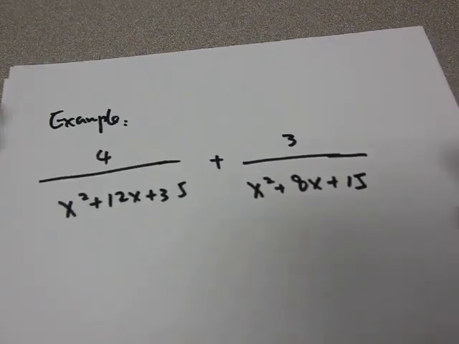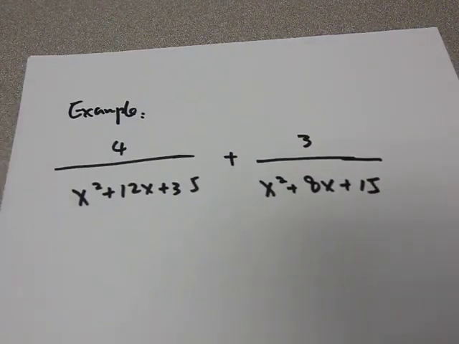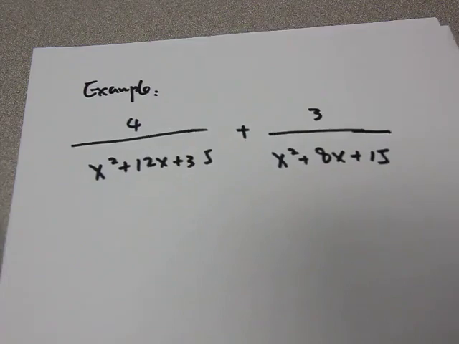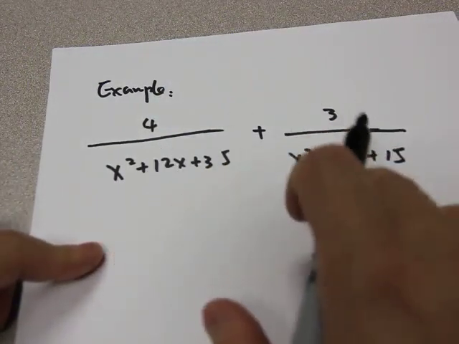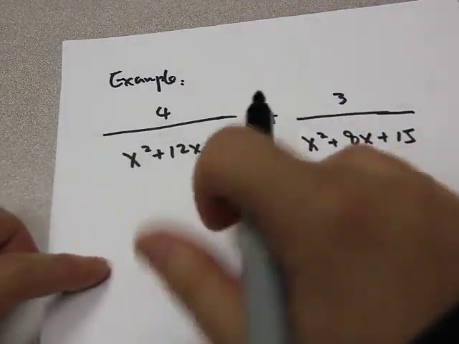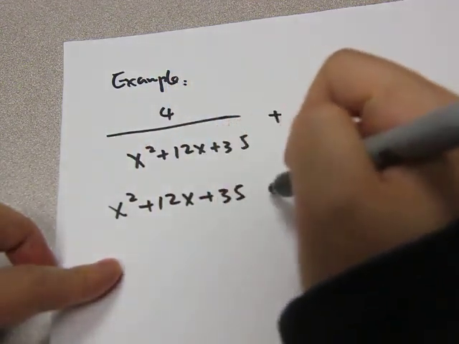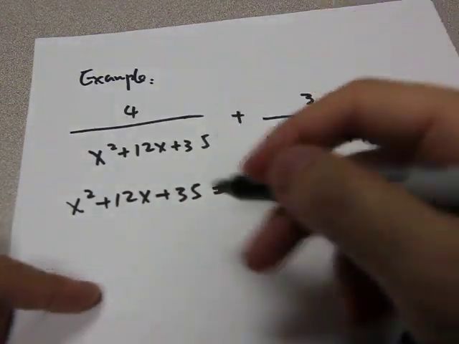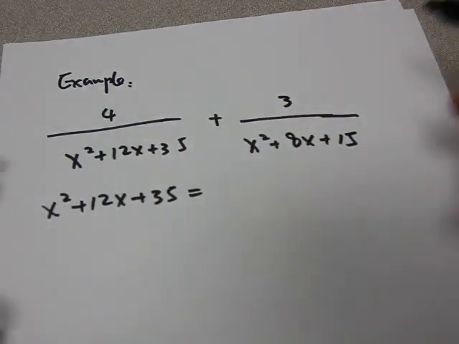Now, just by looking at these two denominators, we cannot see whether they have common factors, right? So therefore, first we do need to factor each denominator. We need to factor each polynomial to see what is the common factor between these two polynomials.